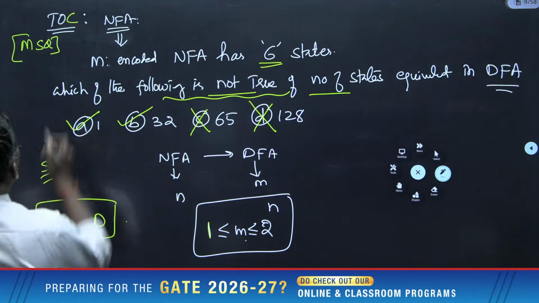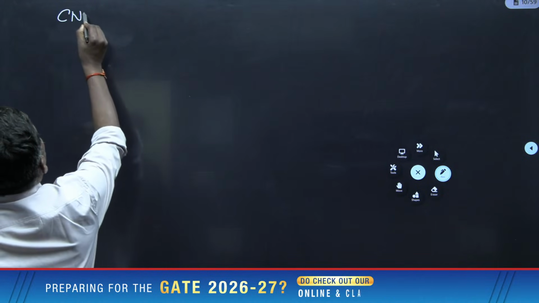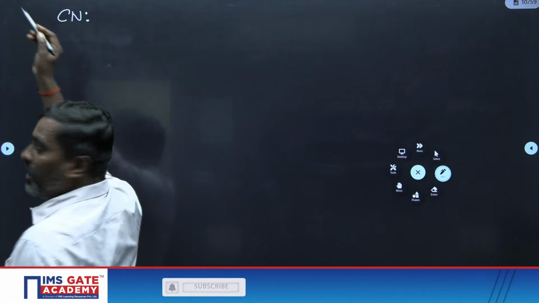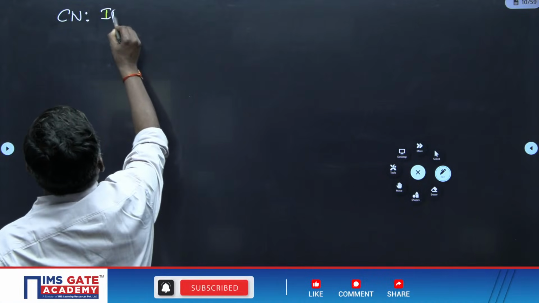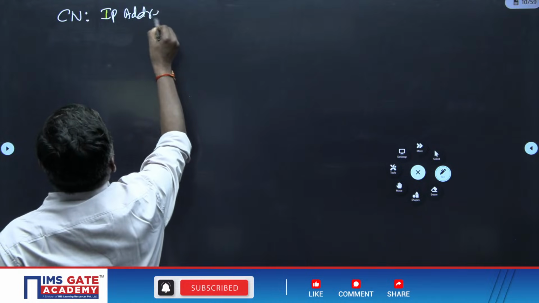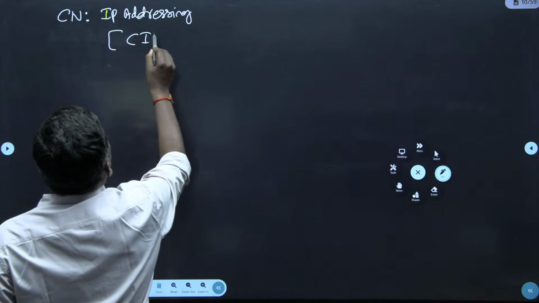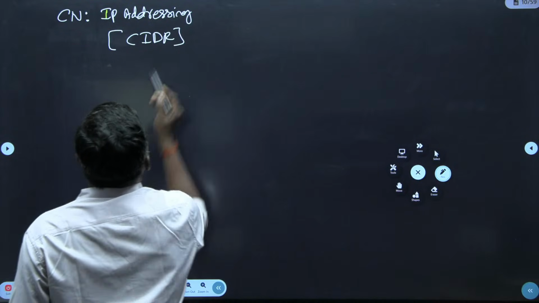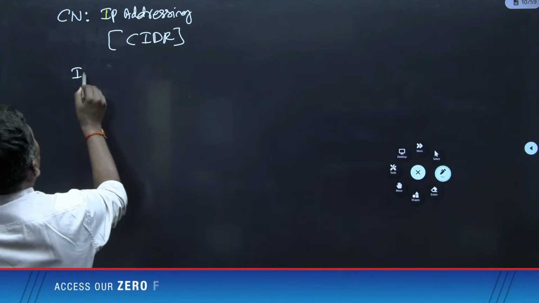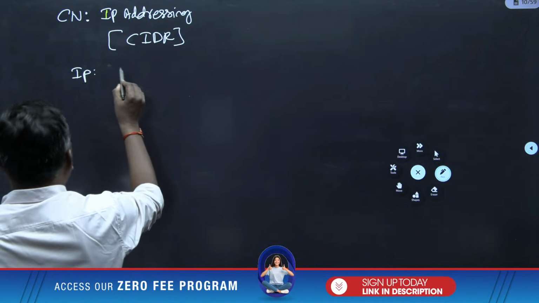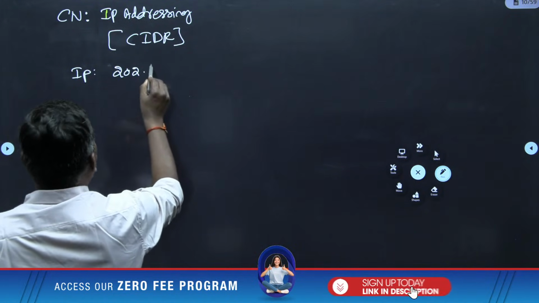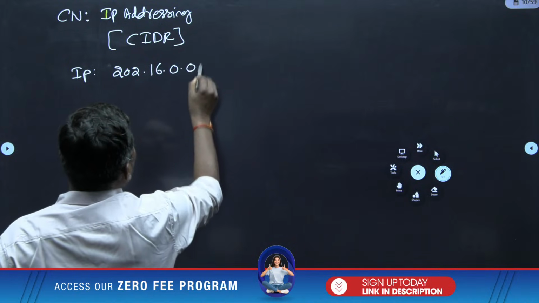So there is a question from computer networks, IP addressing, specifically using classless inter-domain routing. One block IP address is given: 202.16.0.0 suffix 15.